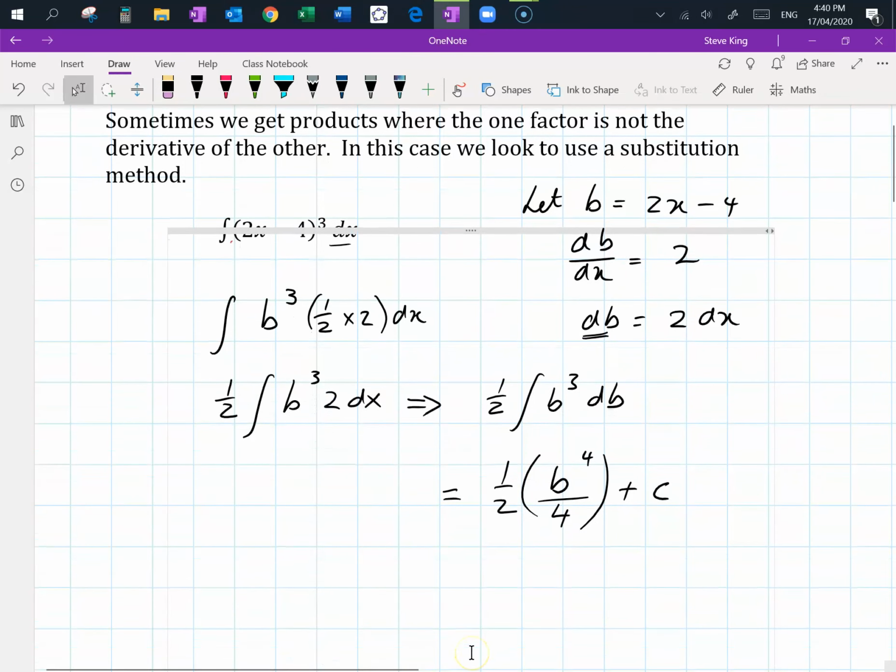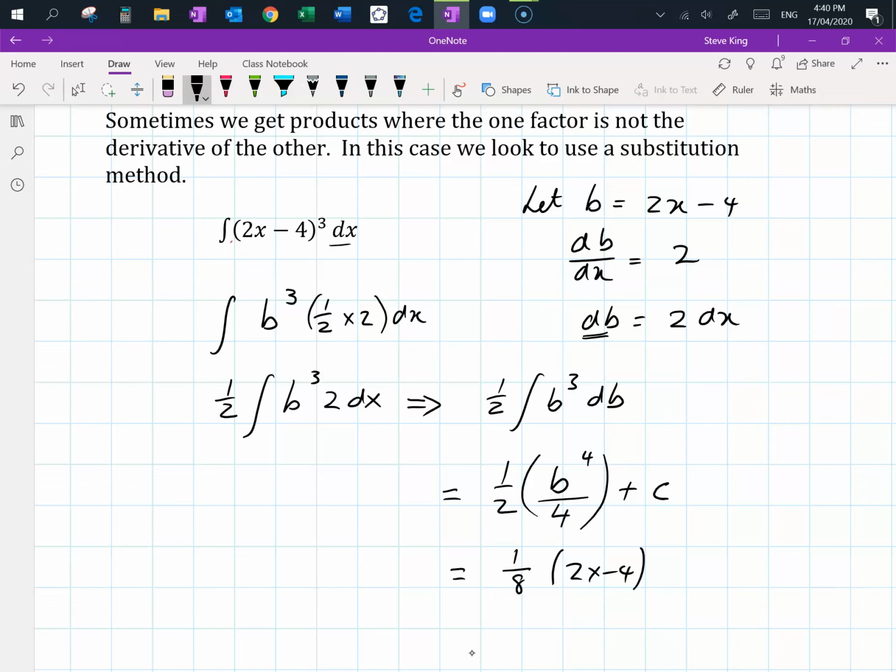Having done that, all I have to do now is to go and substitute back in the thing that I started out with. And so this is going to be a half by a quarter is going to give me 1/8. 1/8 b, and b is 2x minus 4 raised to the power 4 plus c. And there I have my integral. And I've used a substitution in order to make the thing easier for me.